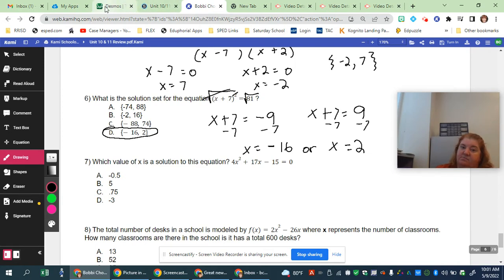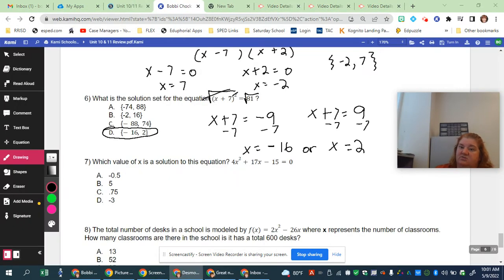So let's graph it. 4x squared plus 17x minus 15.